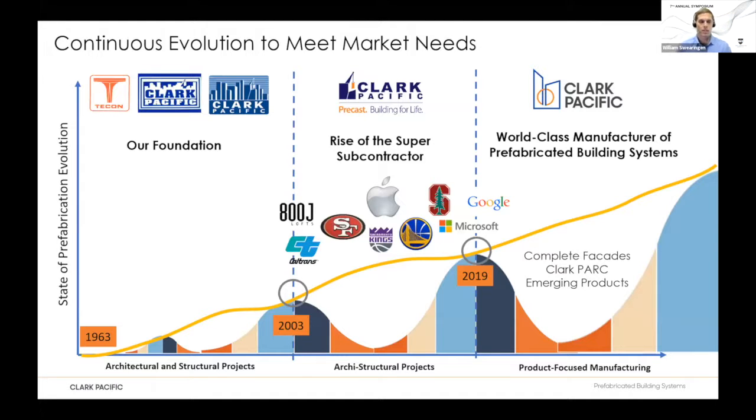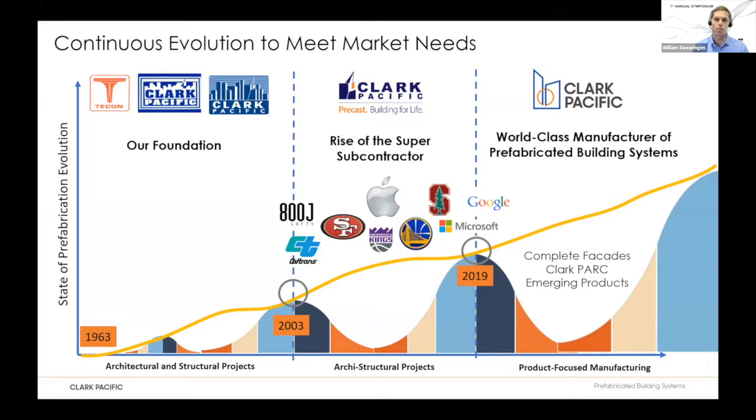So Clark Pacific has been around, founded in 1963, and we've been a prefabricator of building components using precast as the vehicle to provide owners with schedule, cost, quality, and safety certainty. And really, until 2003, we were delivering architectural facades to projects.